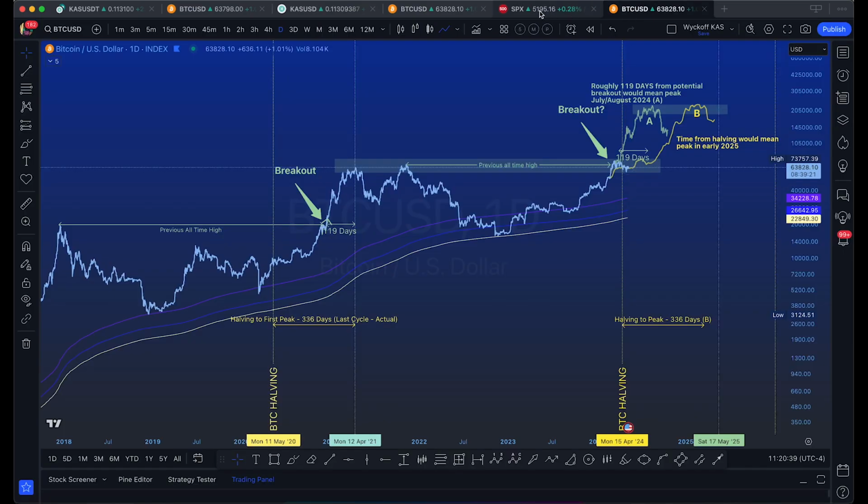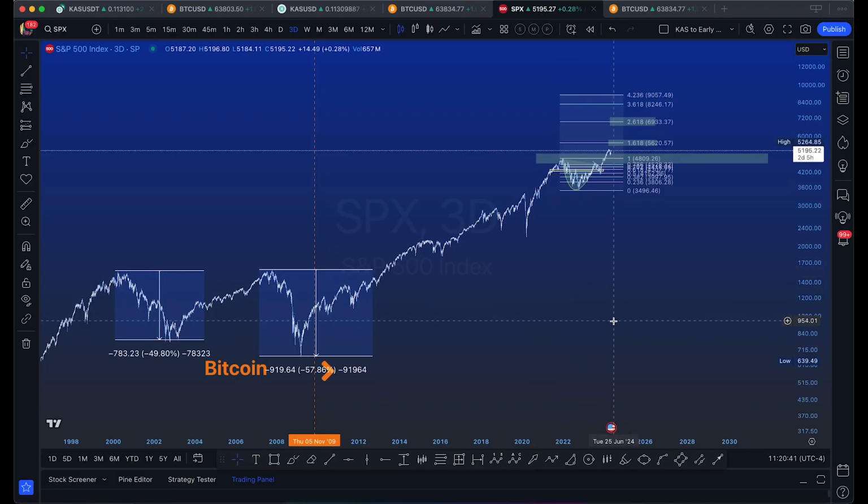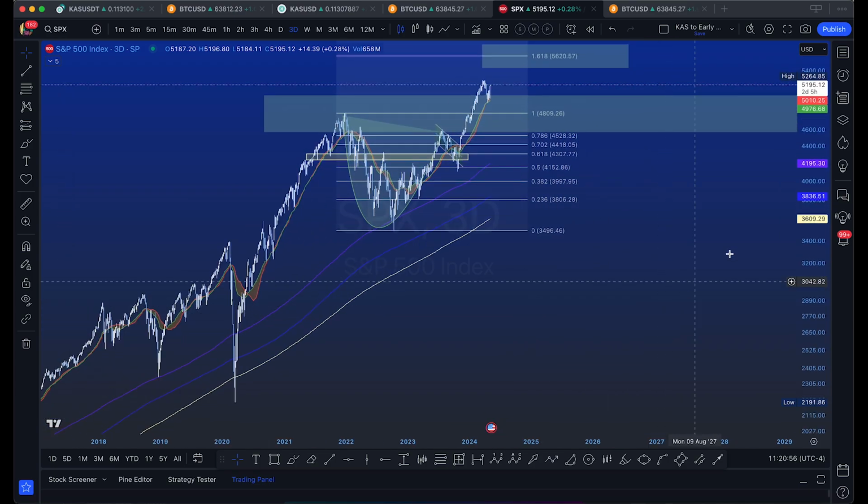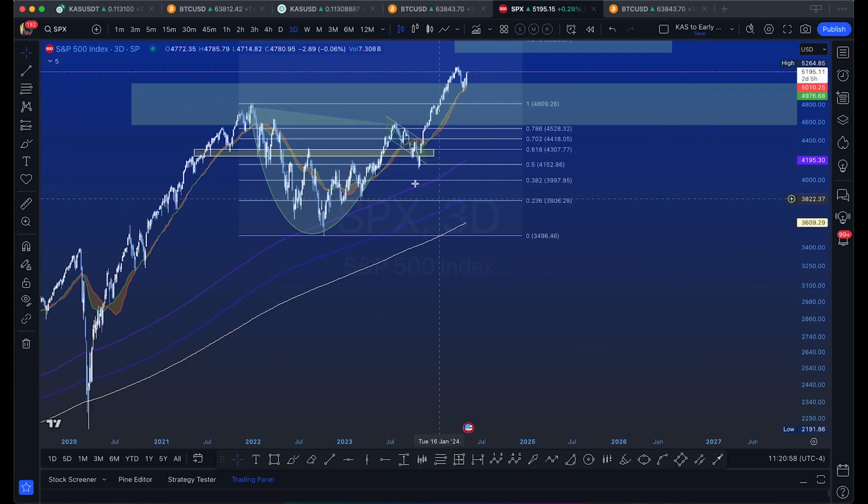But we can also look at, and this colors the price action of crypto too, the US stock market. Even if you're not in the US, you want to pay attention to this. The stock market generally tends to backtest its all-time high before moving higher.